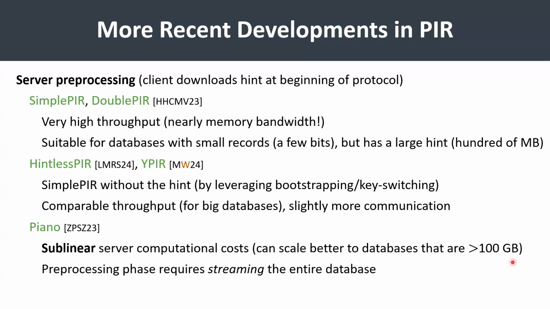We really need something that has a sublinear server computational cost. So Piano is an example of such a construction. It has a sublinear server computational cost. In fact, the server cost is roughly the square root of the database size. So this is amazing from a throughput perspective. The limiting factor, though, is that it also needs a pre-processing step. And unfortunately, the pre-processing step is extremely costly. It requires the client to basically download the entire database once. The client doesn't have to store the database.